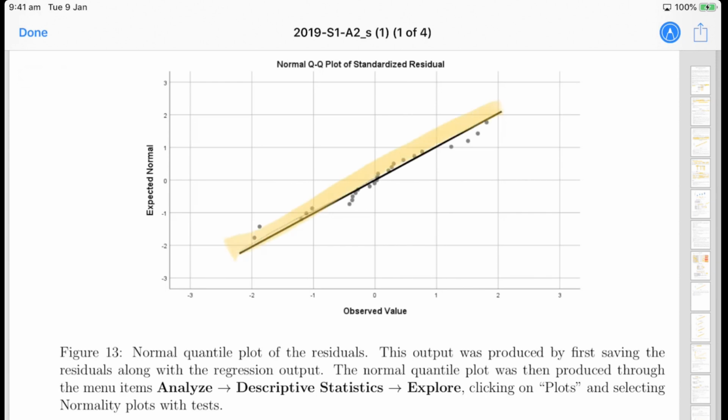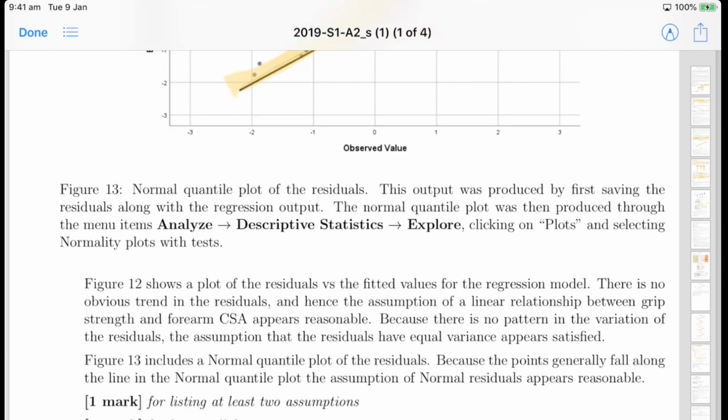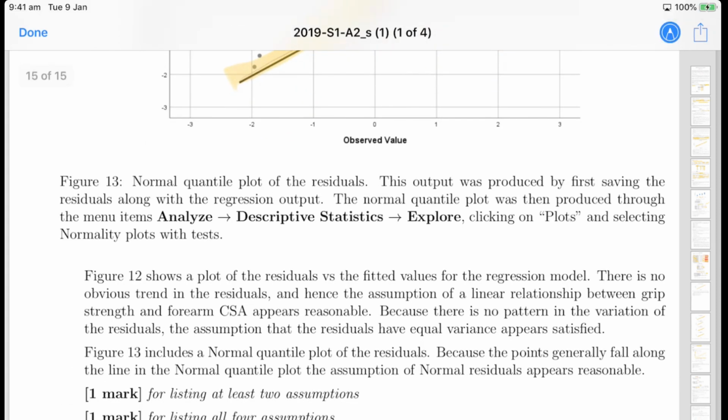That's why we can say that the normality assumption is not violated and it appears to be normal. It's important to write this correctly. So we've given you the full information here: figure 13 includes a normal quantile plot because the points generally fall along the line in the normal quantile plot. The assumption of normal residuals appears reasonable.